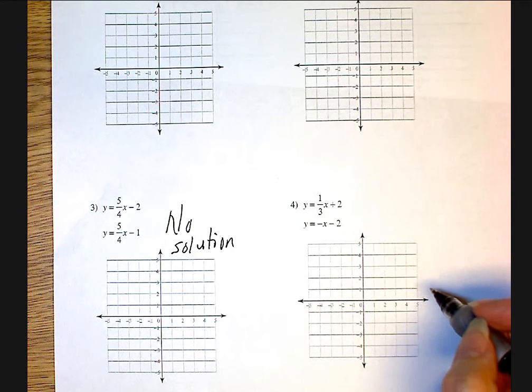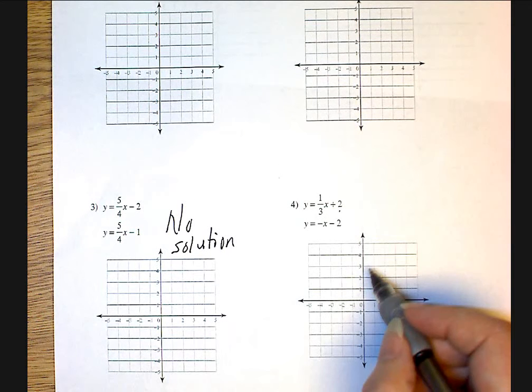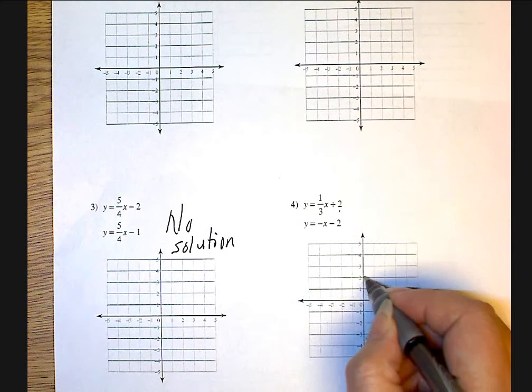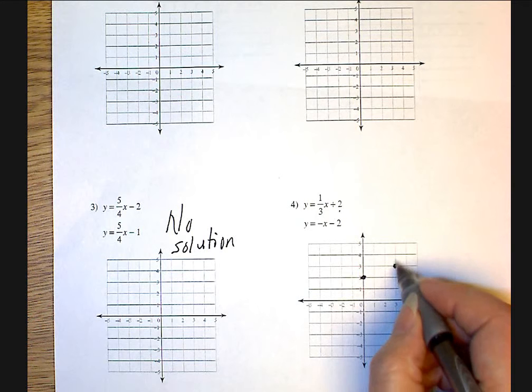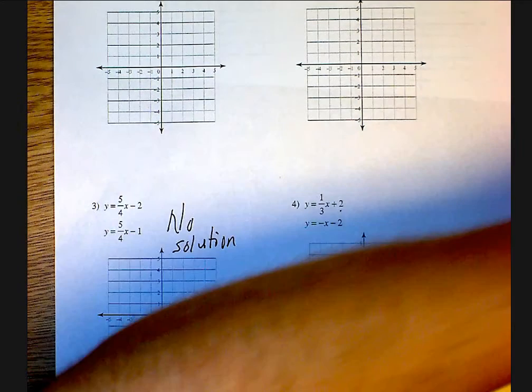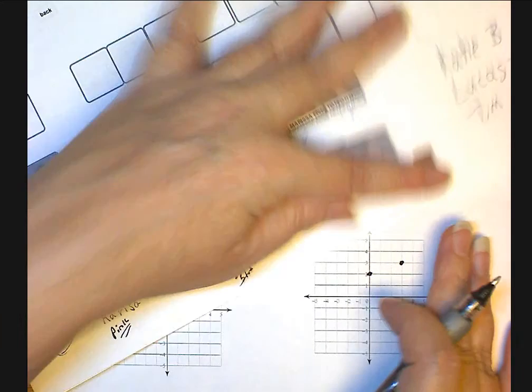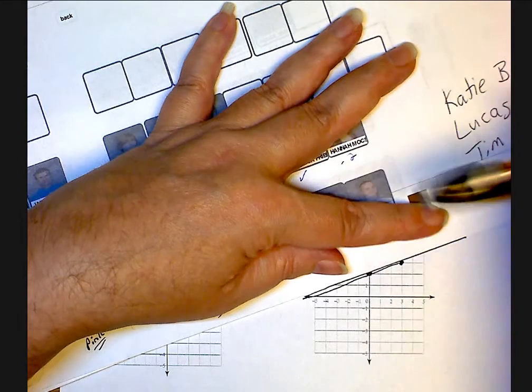Yeah, but how? Tell me how to graph it. You gotta pretend I don't know anything. So do the first one. So I start at 2. So I'm gonna go up 1 and I'm gonna go over 3. And then up 1 and over 3 would be about right there. So then you take your ruler or whatever, and I go like that.